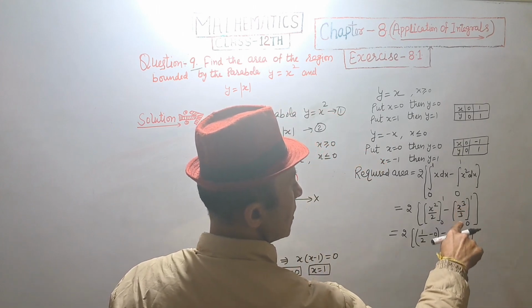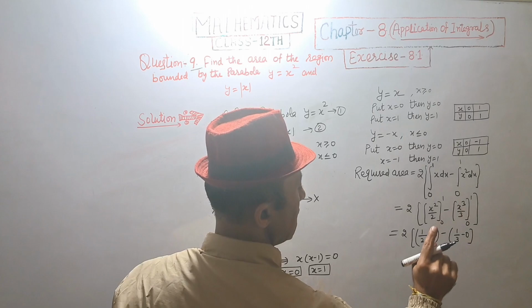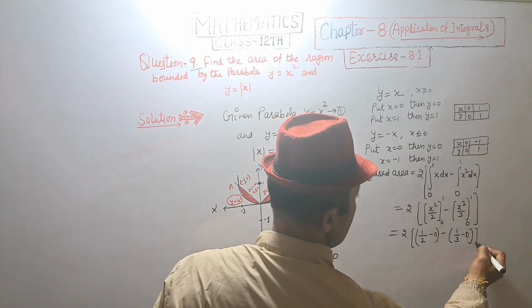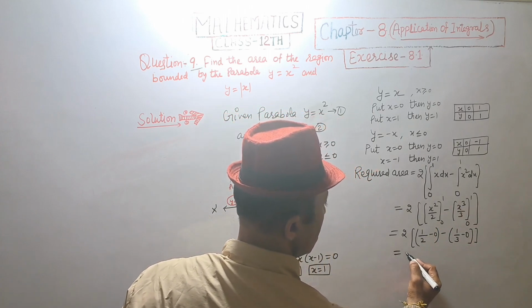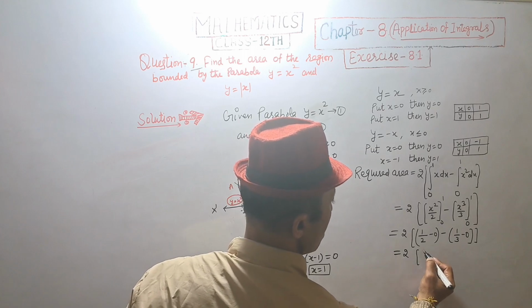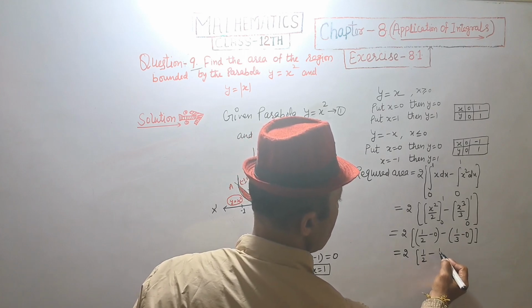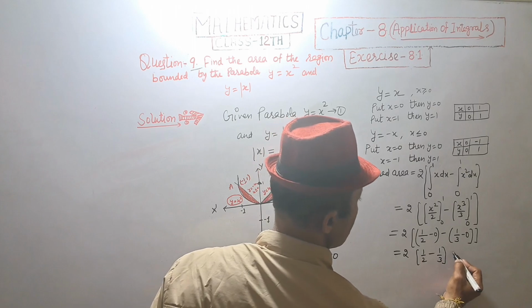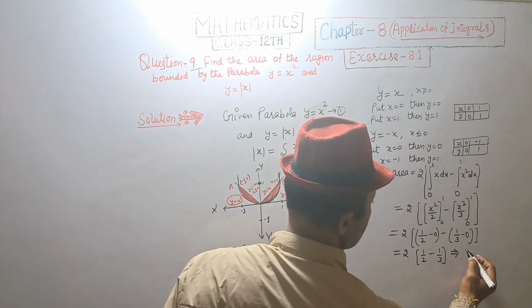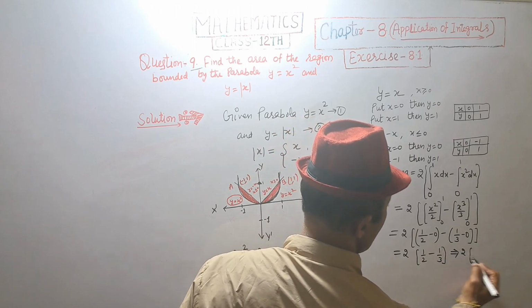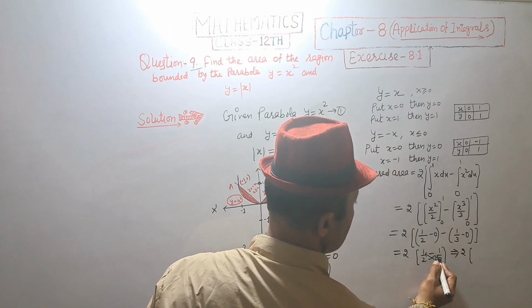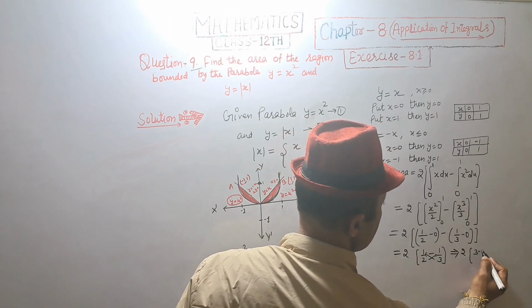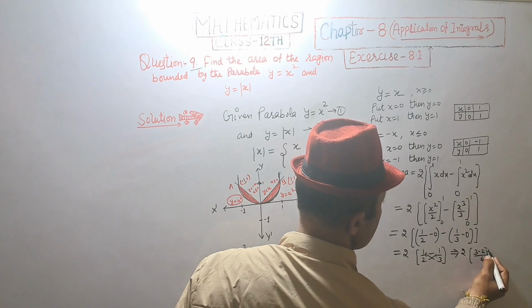First upper limit minus then lower limit, that is equal to 2 times of 1 by 2 minus 1 by 3, which implies 2 into, cross multiplying, 3 minus 2 upon 3 twos are 6.